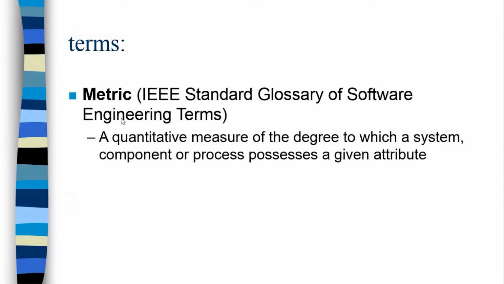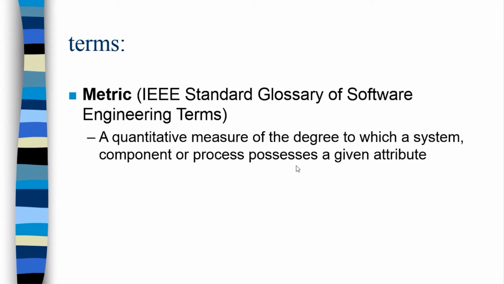Then metric. According to the IEEE Standard Glossary of Software Engineering Terms, a metric is defined as a quantitative measure of the degree to which a system, component, or process possesses a given attribute. Whatever characteristic your system, component, process, or product has is your metric.